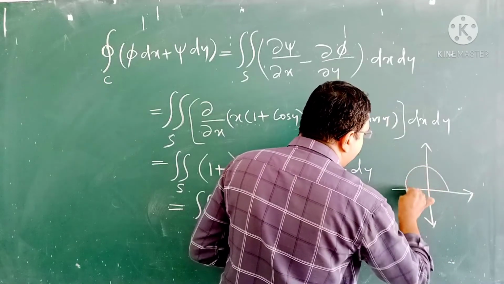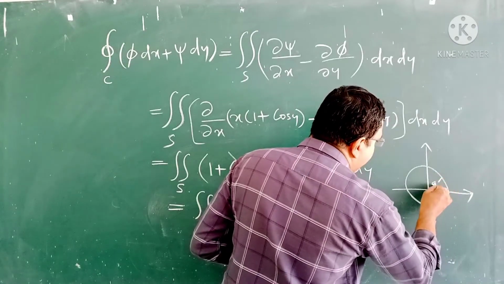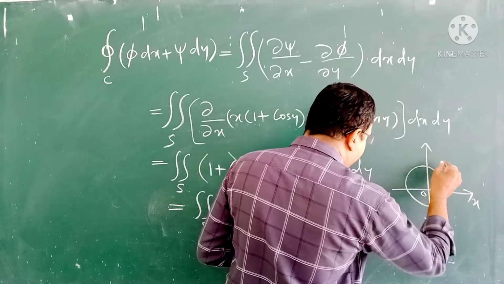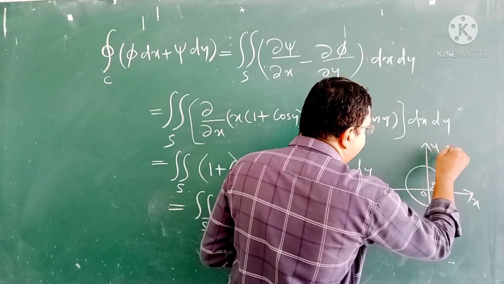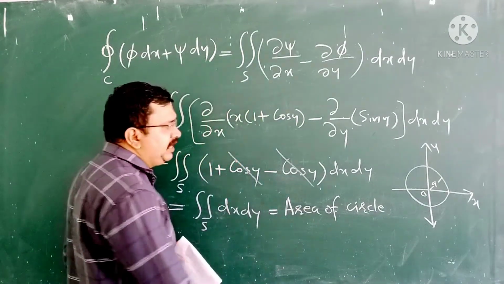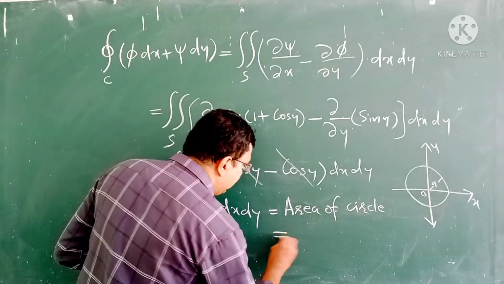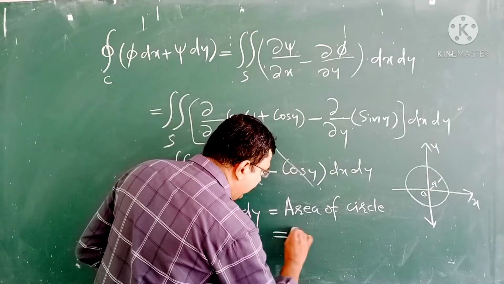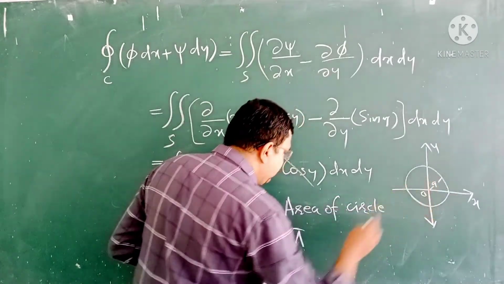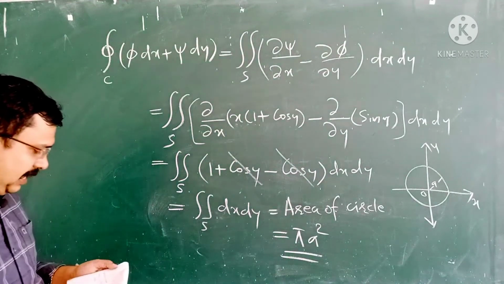Then we can define a circle. Here A is the radius, here is O, here is x, and here is y. Area of the circle: we know that the radius of the circle is A. Therefore, area of the circle is pi r square, and here the radius is A. Therefore, pi a square. This is the final answer.